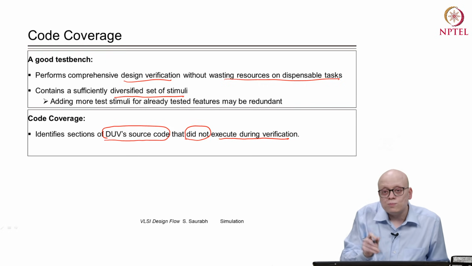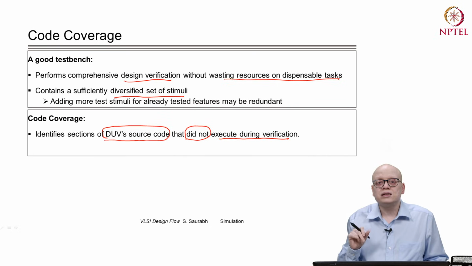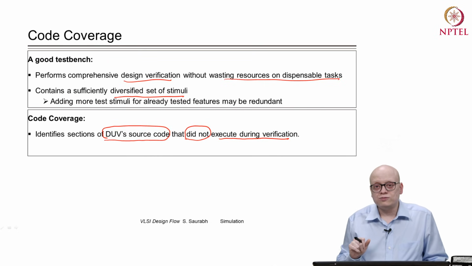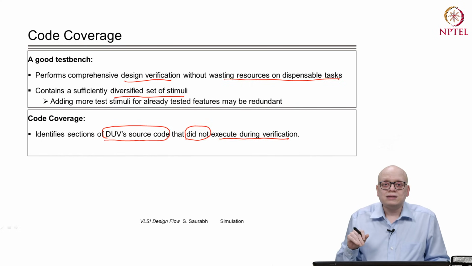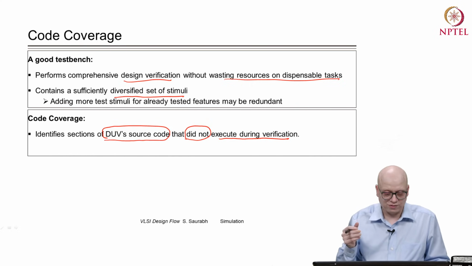If some portion of our Verilog code or hardware model did not get executed while we ran our test bench, then probably that particular portion of the design was not verified, and our testing is not comprehensive, right.